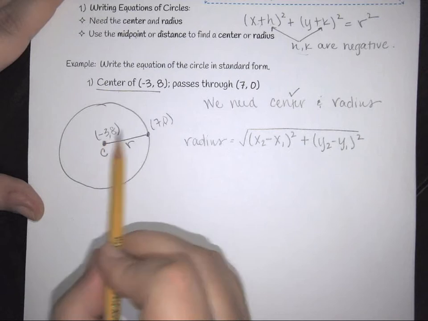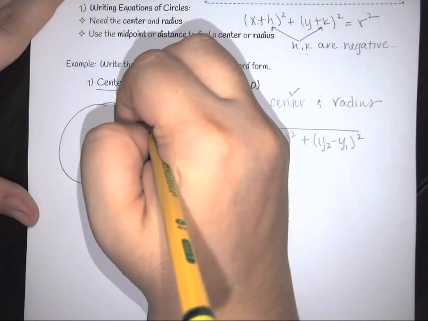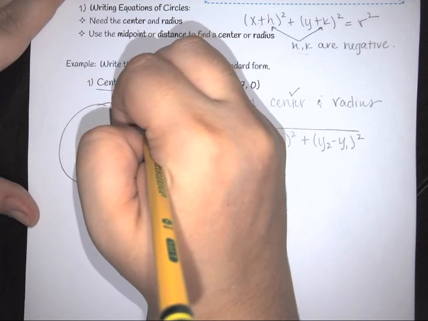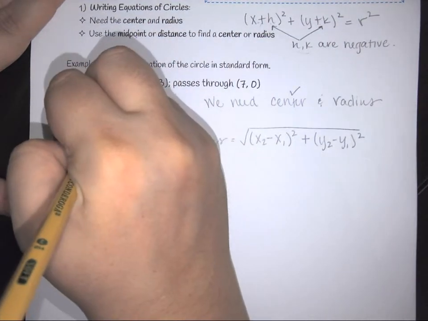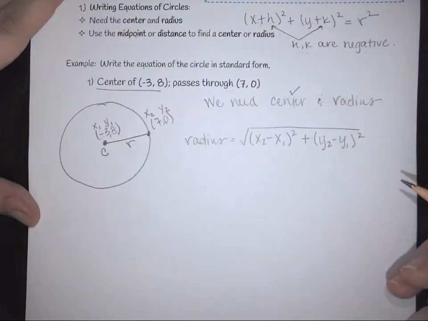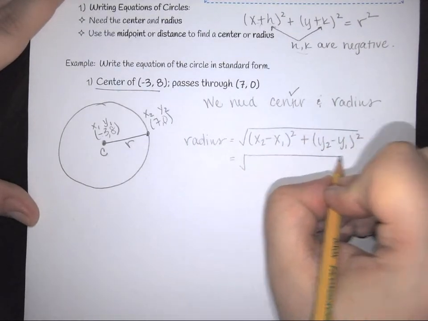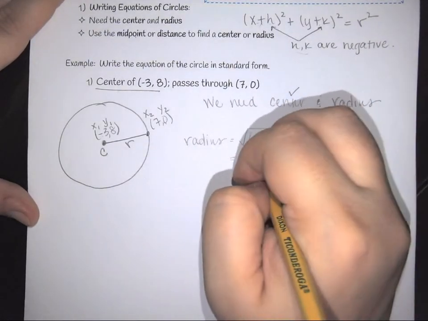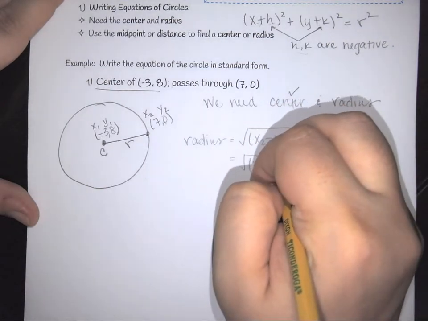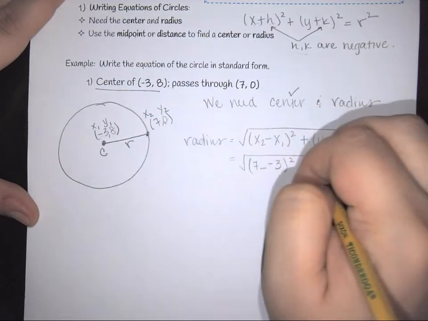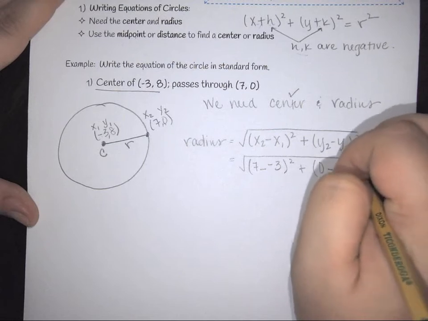I've got 2 points here, so I need to determine which is which. It really doesn't matter. So I would have x2, y2, x1, y1. And that means I need to plug my points in so I can see what I'm doing. I have x2, so 7, minus my x1, negative 3, squared. Then I have y2, so 0 minus 8, squared.